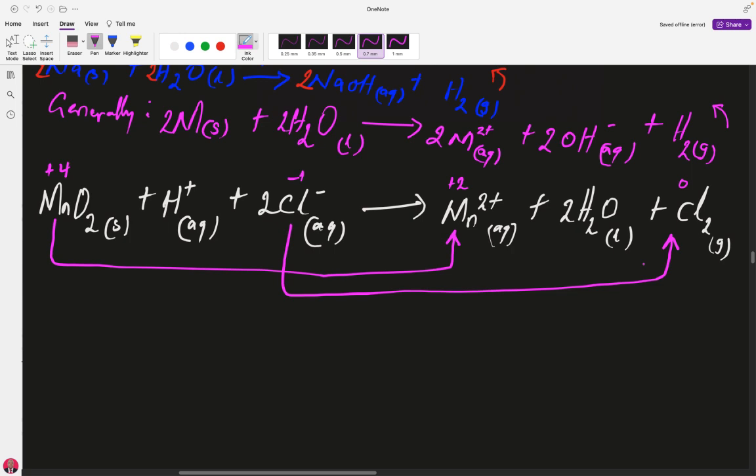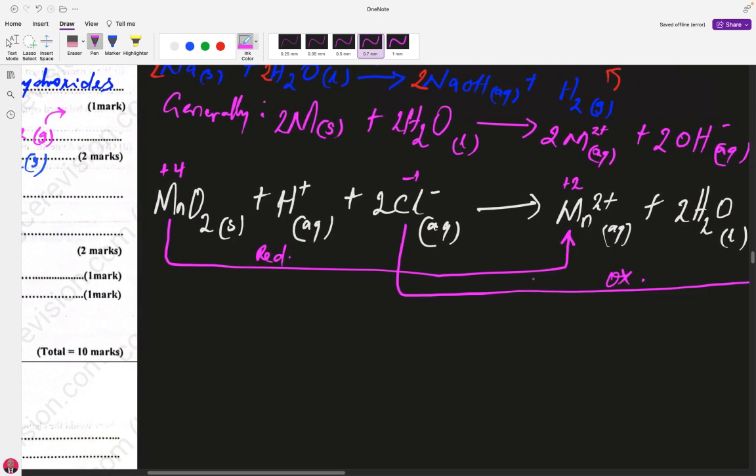So this one is undergoing reduction, and this one is undergoing oxidation. That's why manganese(IV) oxide is acting as an oxidizing agent, oxidizing chloride to chlorine gas, because there is an increase in the oxidation number from -1 to 0.